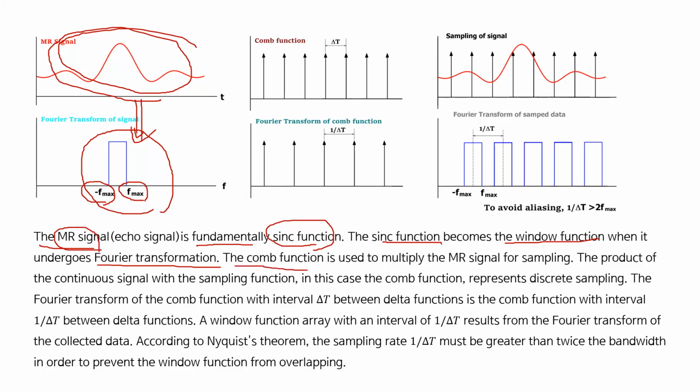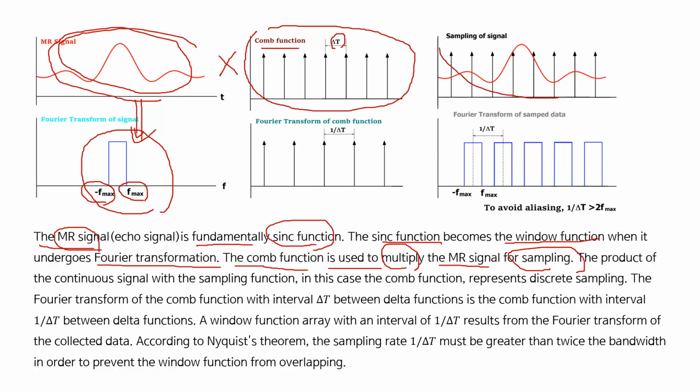The comb function is used to multiply the MR signal for sampling. For sampling, we multiply this signal by the comb function. So we multiply this signal and the comb function. Spacing is delta t. Then we have the sampled signal.